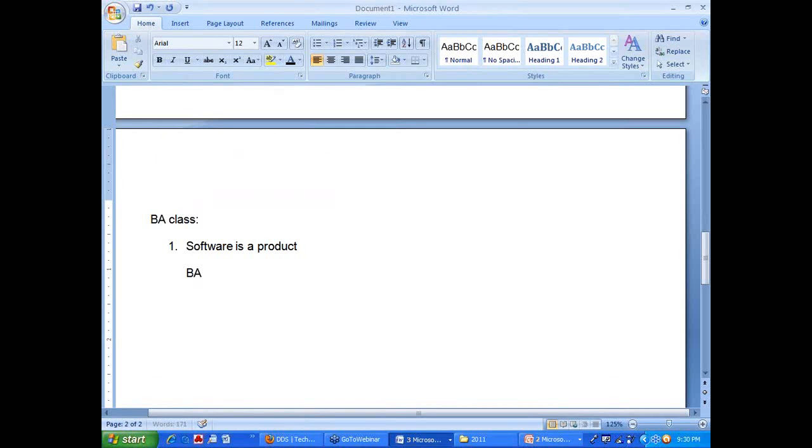A BA's job is to manage a product, right from the beginning or inception all the way to implementation. Right from gathering requirements from the client all the way to making sure that the correct product is implemented.